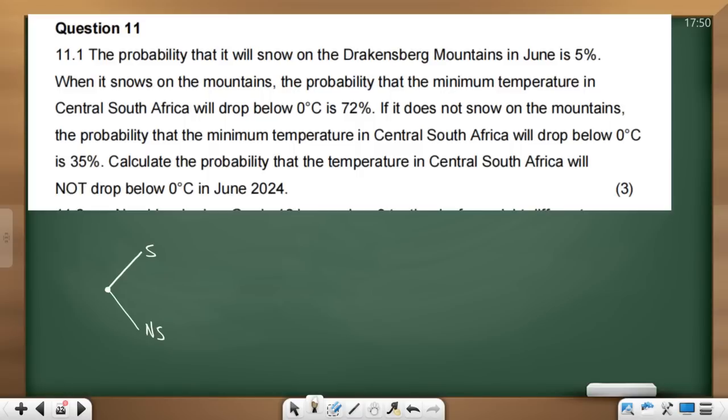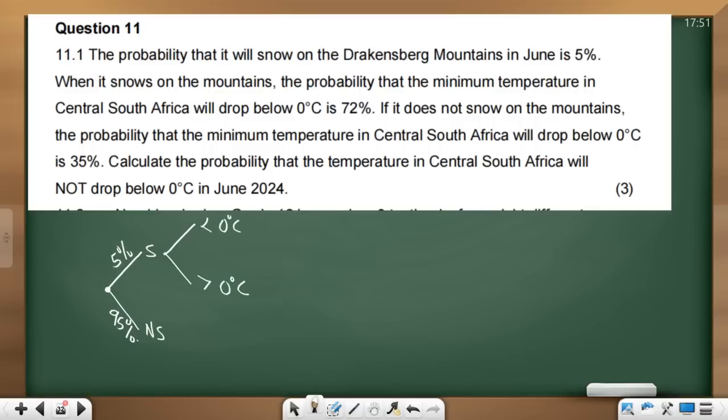The probability that it will snow is 5%. It automatically means this is 95%. When it snows on the mountain, the probability that the minimum temperature in central South Africa will drop below 0 degrees Celsius. Okay, so it's either below 0 degrees or above 0 degrees.